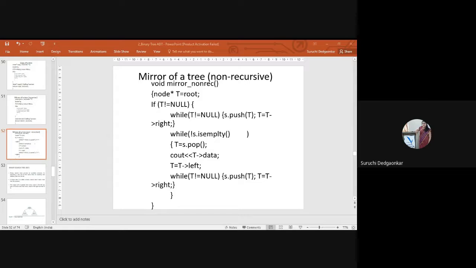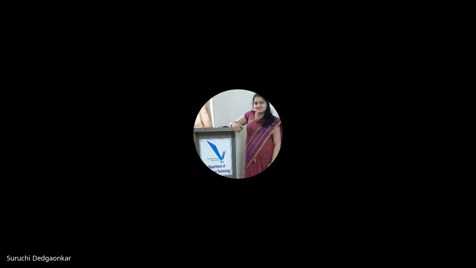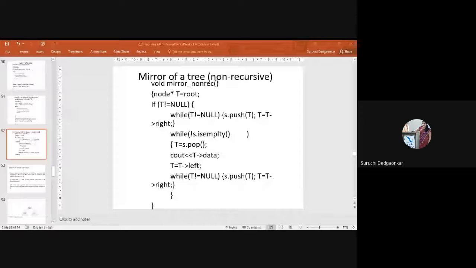We have seen certain formulae related to binary tree, where if the number of nodes is given, we can find the minimum and maximum height of that particular binary tree. So we can predict the tree easily if the number of nodes is given. That is the third advantage of binary tree.